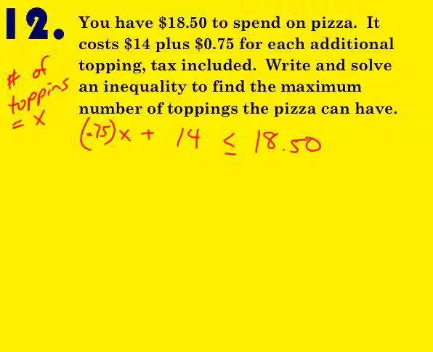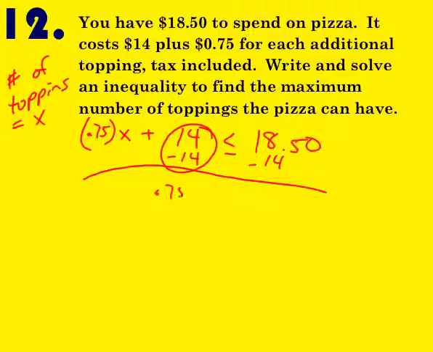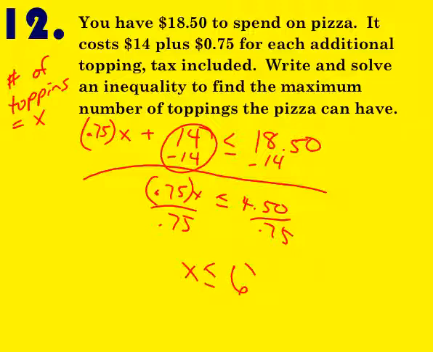Alright, then I would subtract that initial price of $14 off. I get 0.75x is less than or equal to 4.50. Divide by 0.75, and x is less than or equal to 6. So what does that mean?